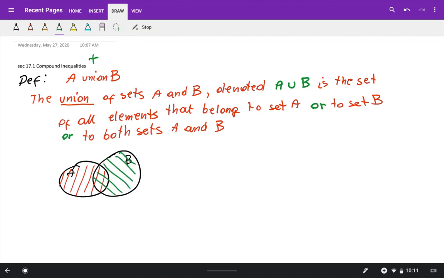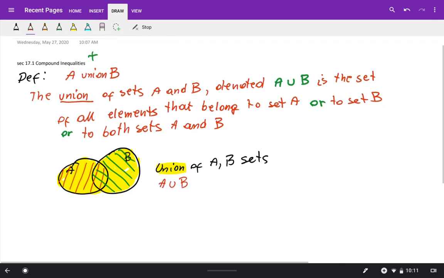The union of sets A and B is going to be all the elements from set A and all the elements from set B. In yellow, this is our union. We're adding elements from set A and elements from set B. Everything in yellow is A union B.